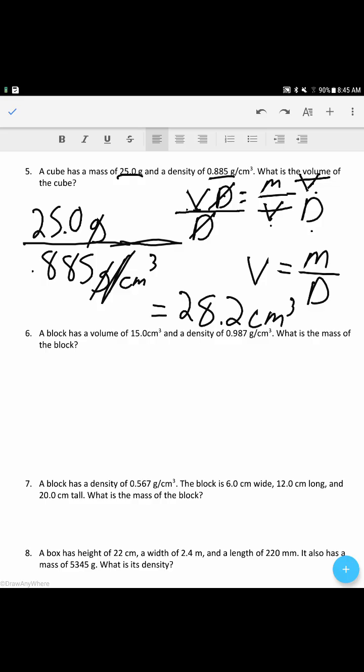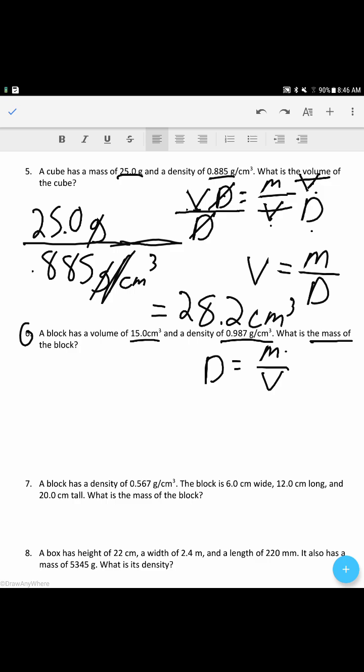Now, last one, number 6. A block has a volume of 15 centimeters cubed and a density of 9.87 grams per centimeter. So this is our volume, this is our density. So we're changing our formula up again. We're using the same formula again, D equals M over V, but this time we are looking for M. What is the mass of the block?